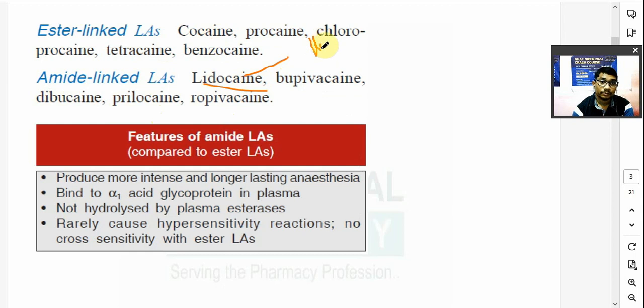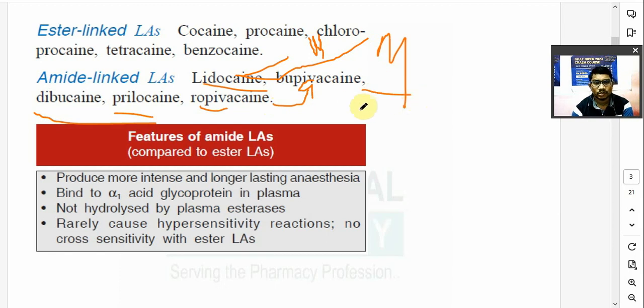Then bupivacaine, then dibucaine, then prilocaine, and lastly ropivacaine. Ropivacaine is a derivative of bupivacaine. Bupivacaine is more lipid soluble and also has more adverse effects.